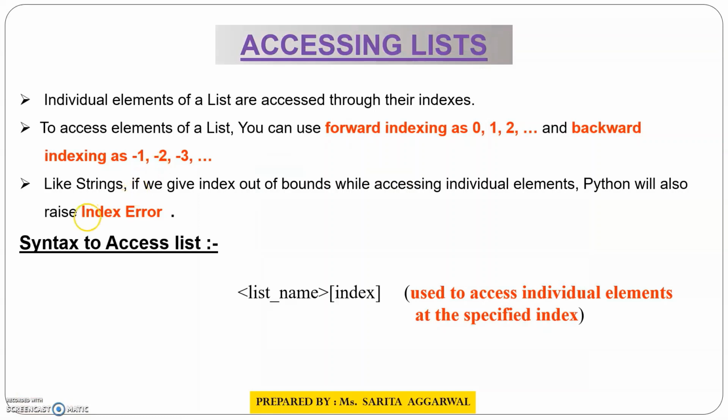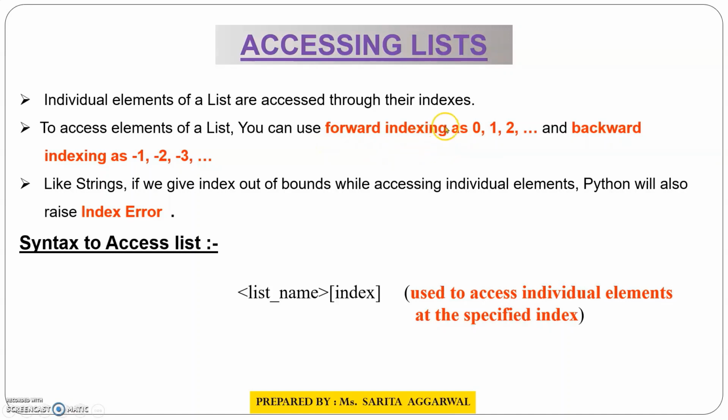Next one is accessing list. Now we have to access individual elements of the list. We can access the individual elements of a list through their indexes, and to access the elements we can use forward indexing as well as backward indexing.